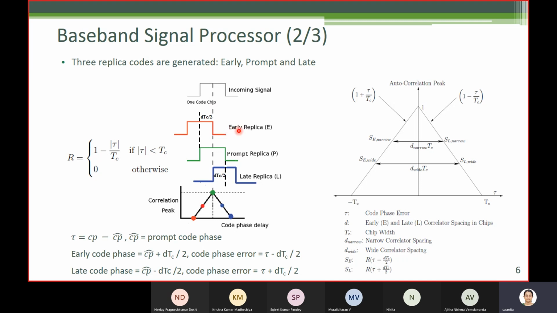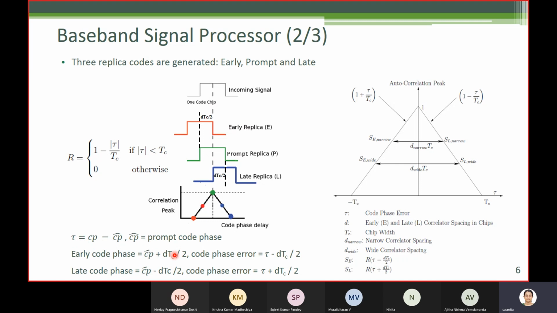How about the code phase errors for early and late? So early code phase will be CP hat, the prompt code phase. Since it is shifted ahead by this amount, you need to add this D Tc by 2. And how about the code phase error? CP minus CP hat will give tau plus this term.